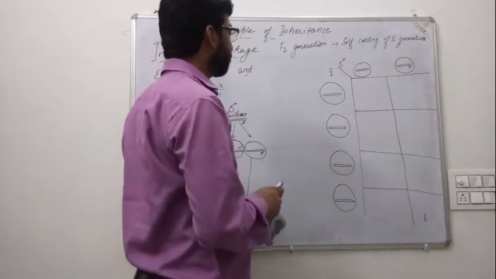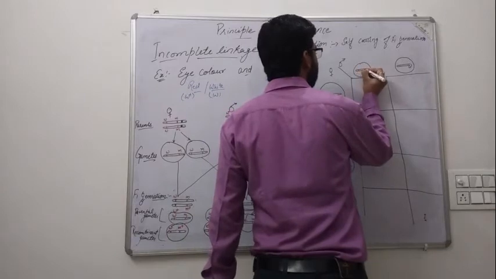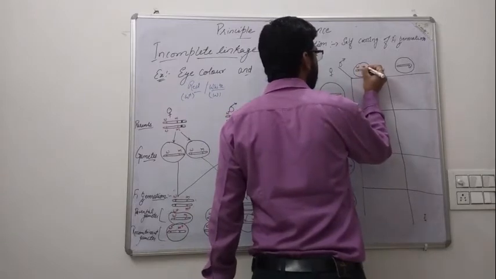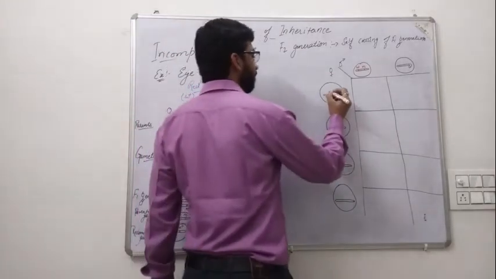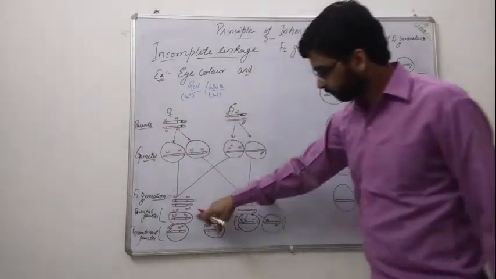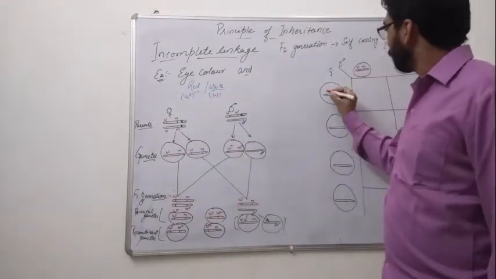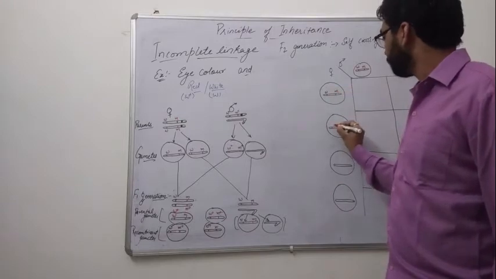Just mark it: the X chromosome with recessive characters, meaning white eye with miniature wings. The first gamete is white eye with miniature wings.